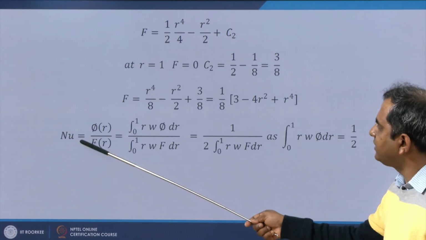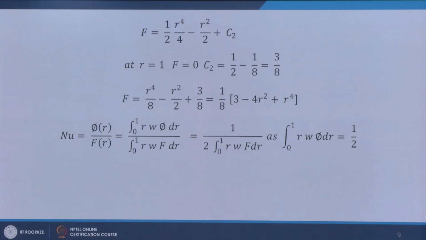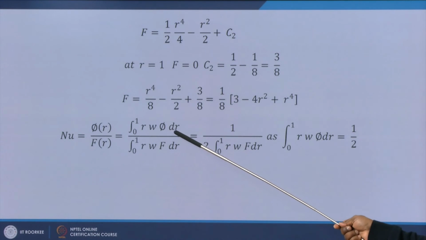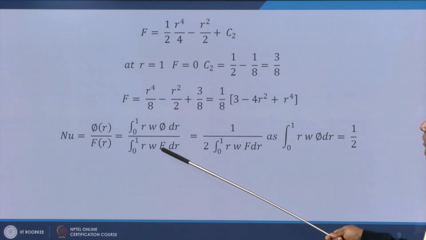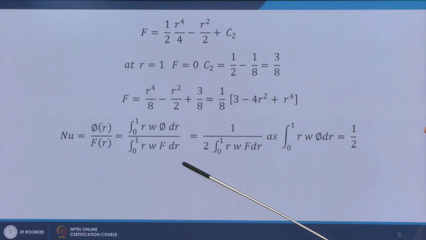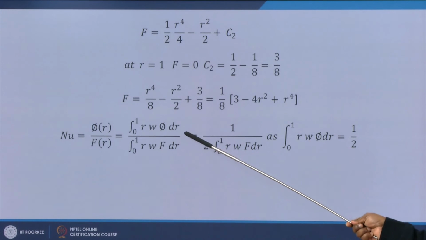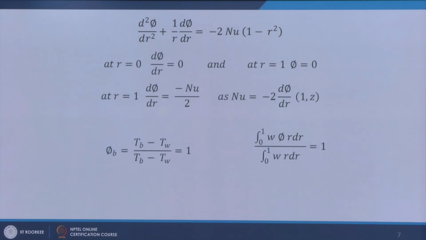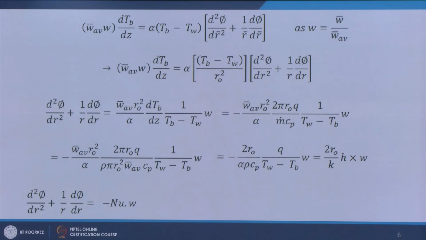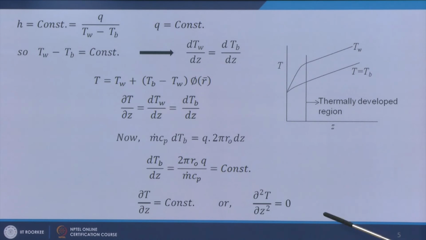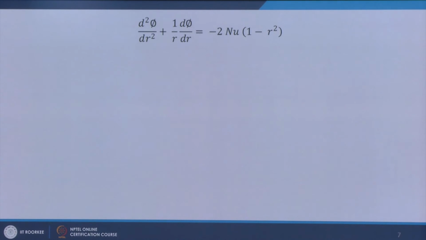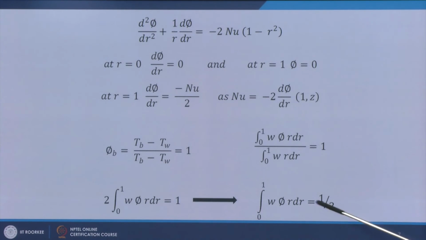Now this can be written as the integral from 0 to 1 of r w phi dr divided by the integral from 0 to 1 of r w f dr. Now the integral from 0 to 1 of r w phi dr, we have already found the value as half.